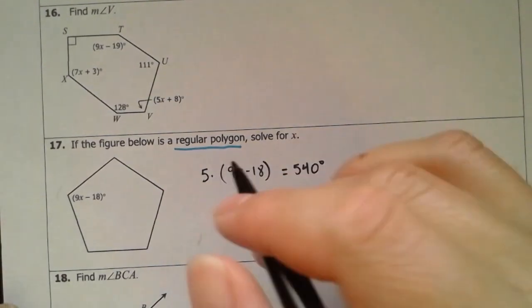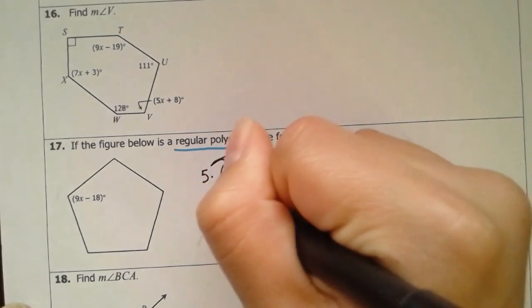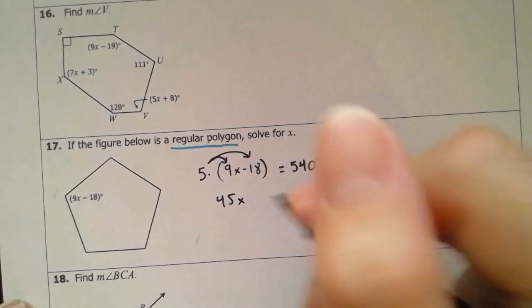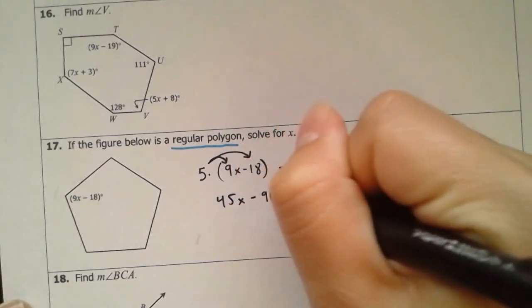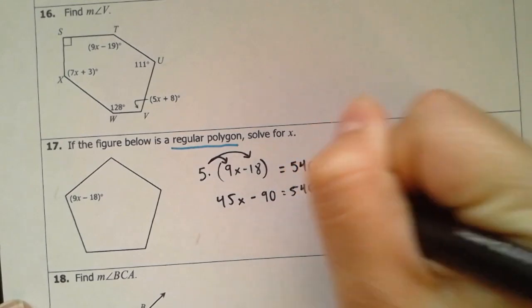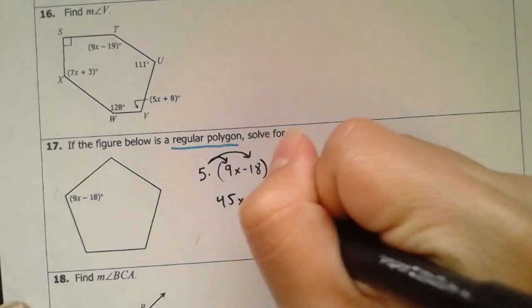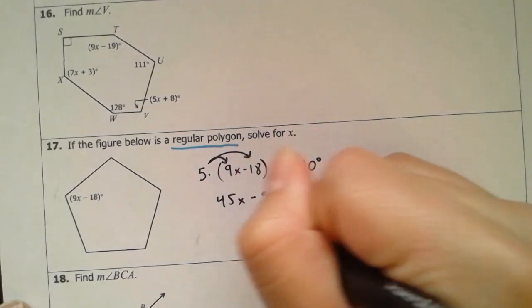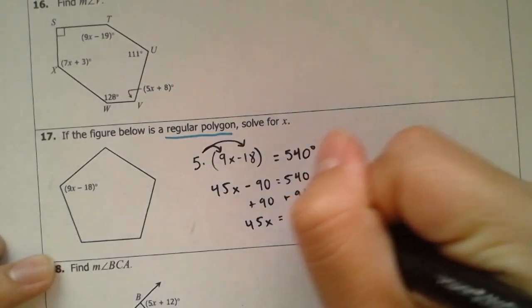And then it just becomes distributive, right? So I get 45x minus 90 is equal to 540. I add 90 to both sides, and I get 45x is equal to 630.